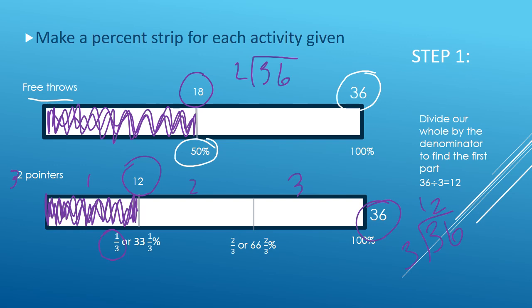To check that, 12 plus 12 is 24, and 24 plus 12 is 36. There's my whole. That shows that 12 is 1/3 of 36. This is really good if you need that visual. Please use these percent strips. If you're good with multiplication of decimals, great, but this also helps you check your work.